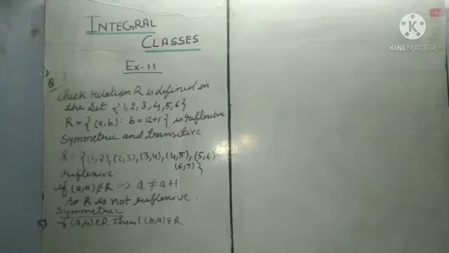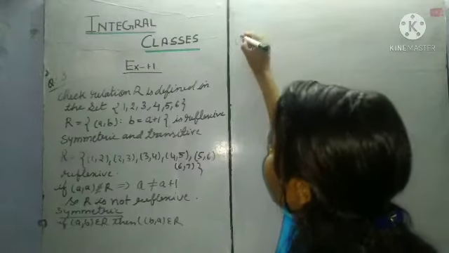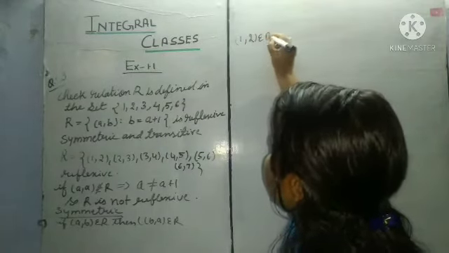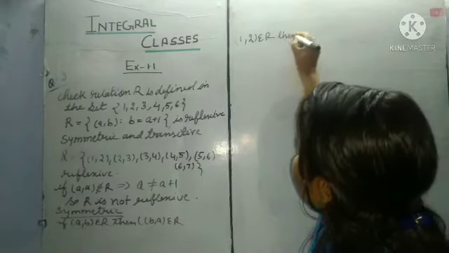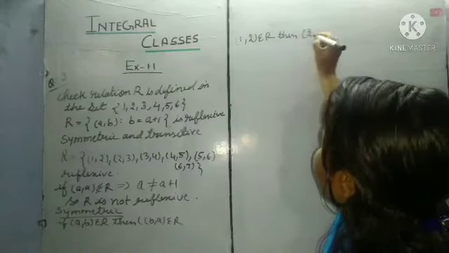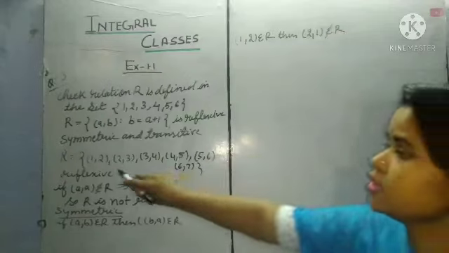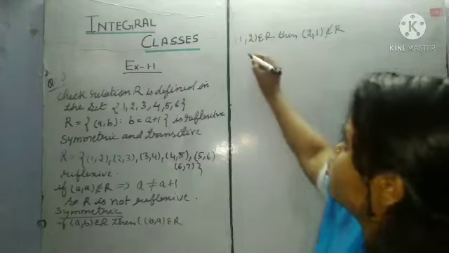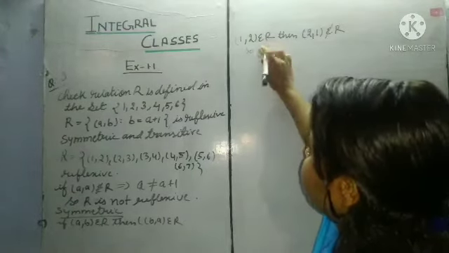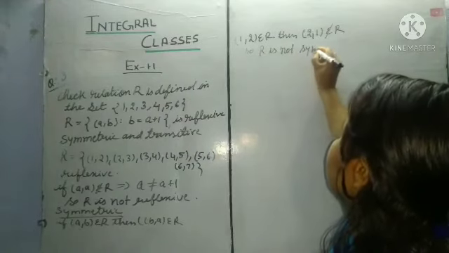But in this condition, student, as we observe here, if we take the example (1, 2) belongs to R, then (2, 1) does not belong to R. In this relation, we will not get (2, 1) belongs to R. So R is not symmetric.